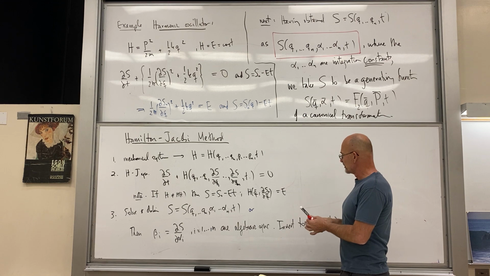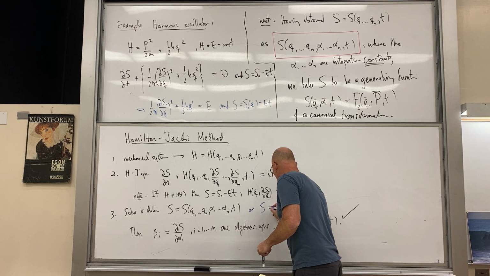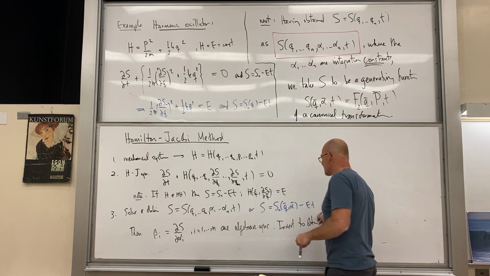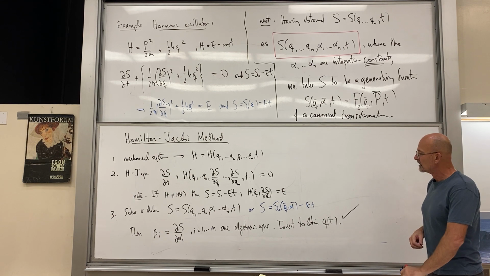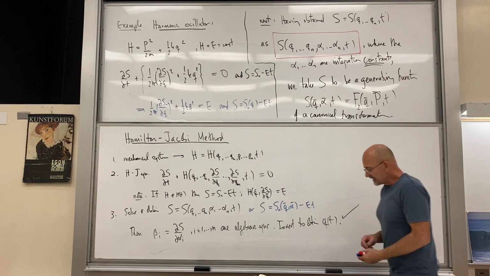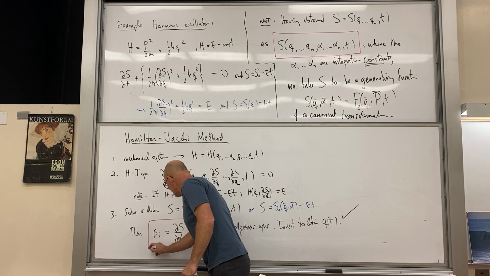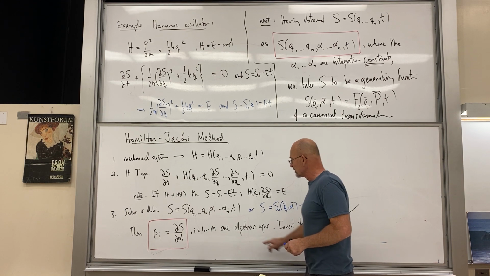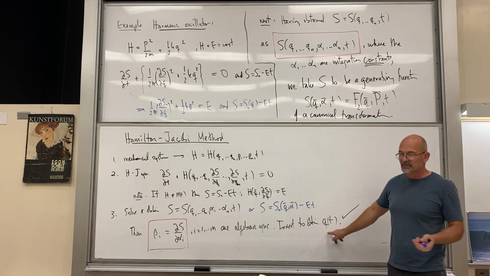We would have S equals S0 of q and alpha minus E times t. You have one or the other, but this here is the big result, and it has your solutions q in there, q and alpha, and if you can invert them, then you can get q of t.